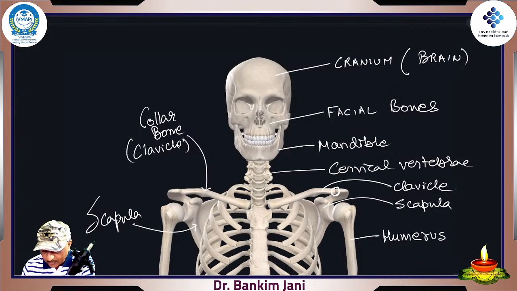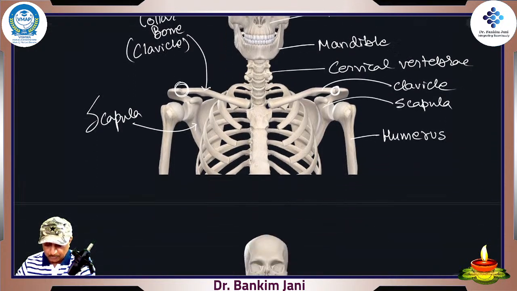We see a joint over here, and that would be very interesting. Again, this is the clavicle, that is the scapula, and this is the humerus, writing in short.